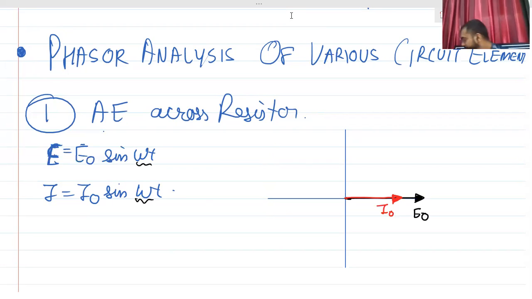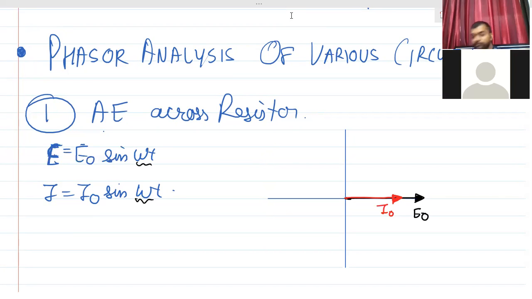Guys, can you see me? Okay. Suppose these are your phasors. They both are lying like this. One phasor is a little bit big in magnitude and one phasor is a little bit smaller.